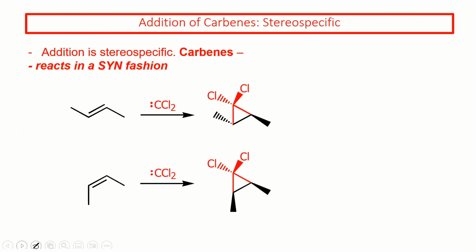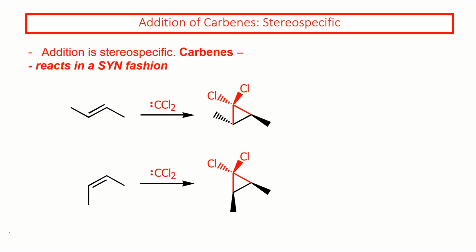This is, of course, a syn mechanism, and so stereochemistry is retained. So in the first case here, we have a trans alkene, and we end up with a ring where the groups are trans, i.e. on opposite sides.